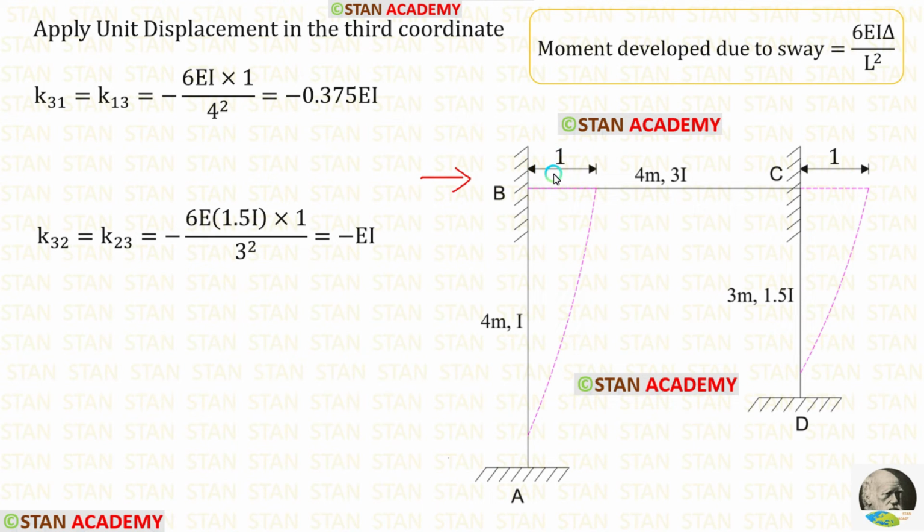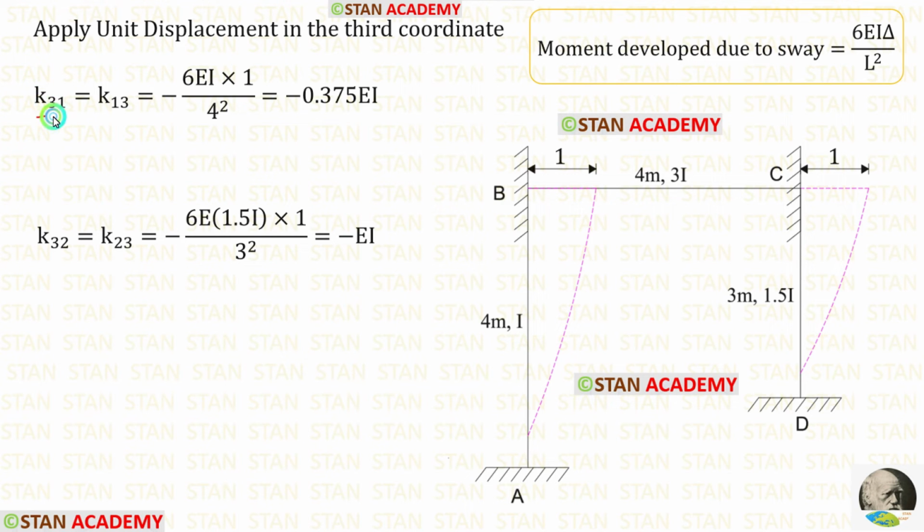You can see that I have applied unit displacement towards the right side. When we apply unit displacements, we should remove all the loads. The formula for the moment developed due to sway is 6EI delta upon L square.